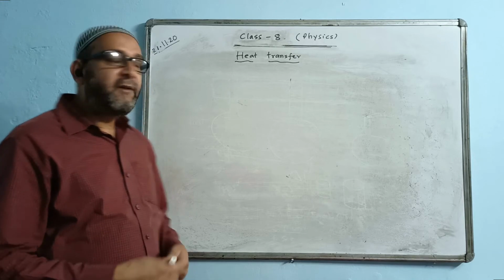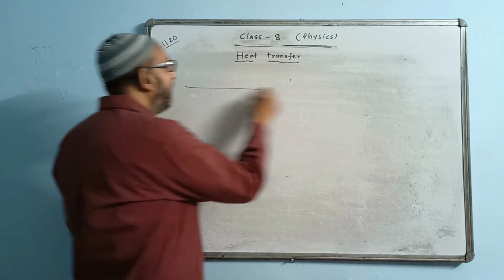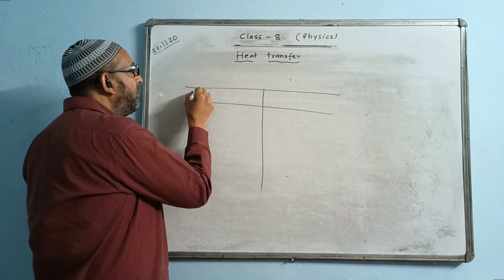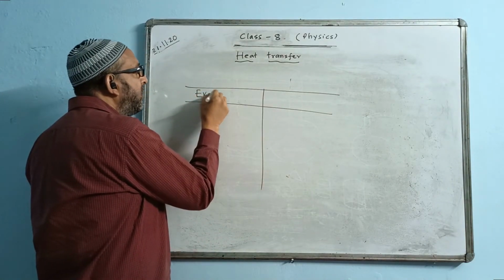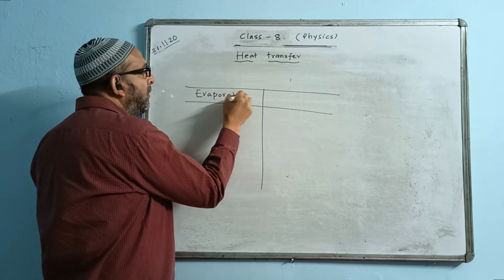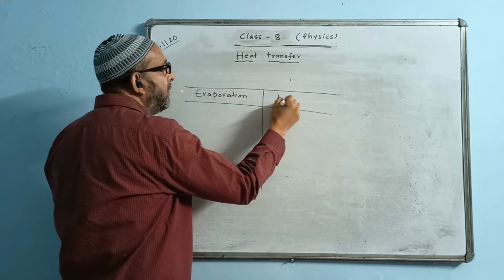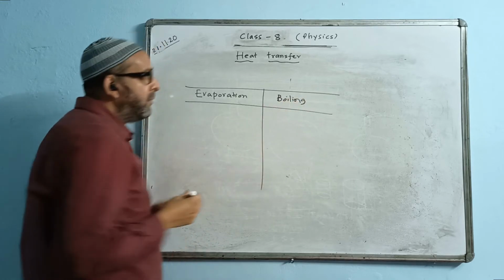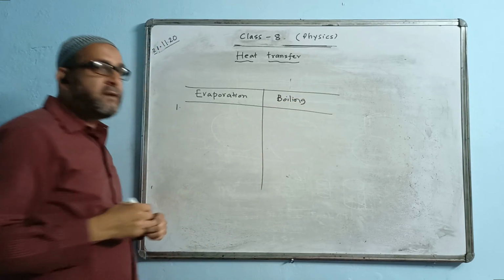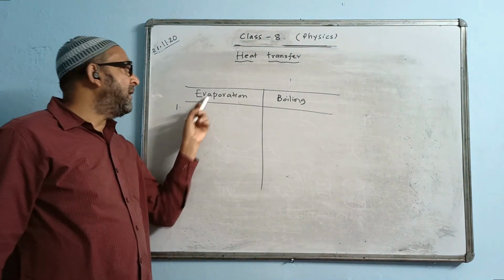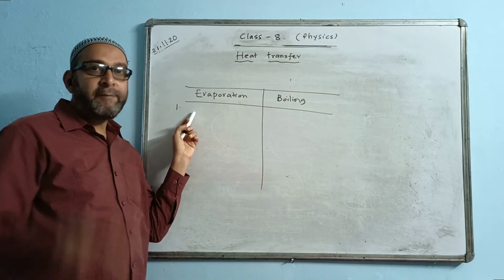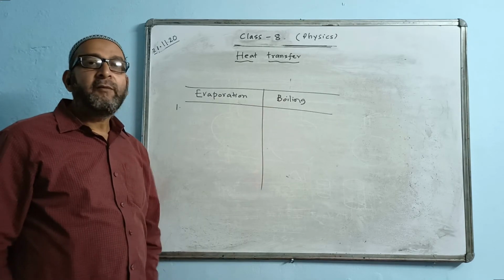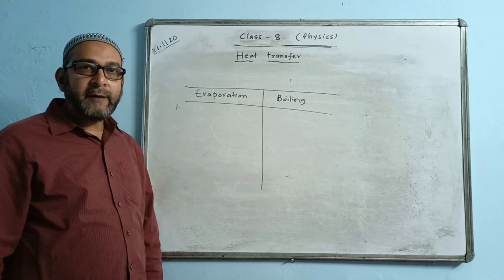And what are the points of differences? I think you have done the differences last time also. You have made a column. Same thing we'll do: evaporation and boiling. What is the first difference? Evaporation is a slow process, it takes place slowly and steadily, and boiling is a fast or rapid process.